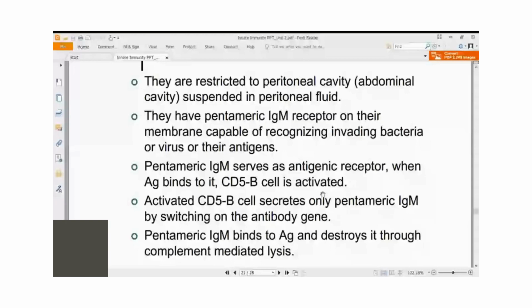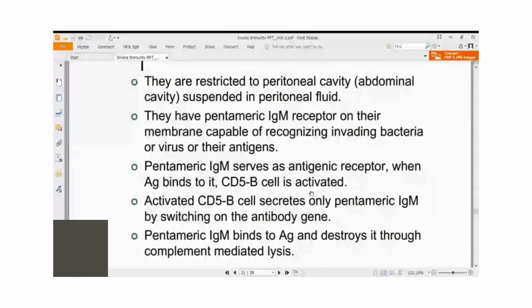In the same way, if the bacteria had entered the peritoneal cavity, this IgM molecule will bind to it and cause the agglutination of the bacteria. And the agglutinated mass of bacteria is going to be lysed or destroyed. That complex is going to be destroyed through complement mediated lysis.